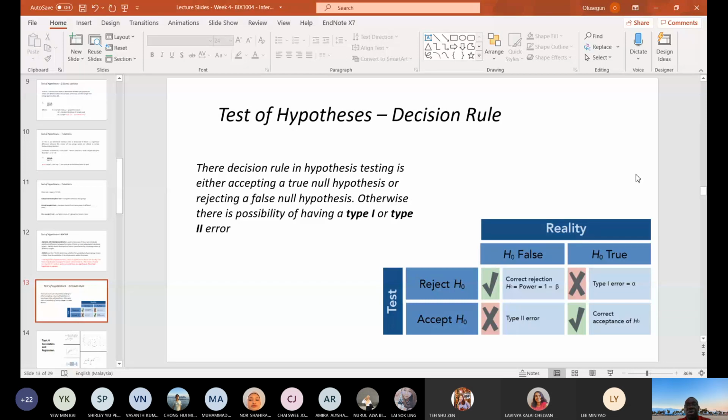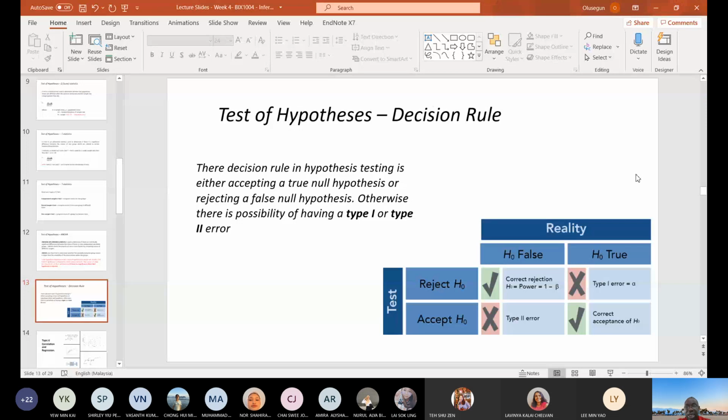So then, the decision rule. When we are testing a hypothesis, there are decision rules. This rule leads us to either accepting or rejecting our hypothesis. There is a possibility of having a type 1 or what we call type 2 error in statistics.